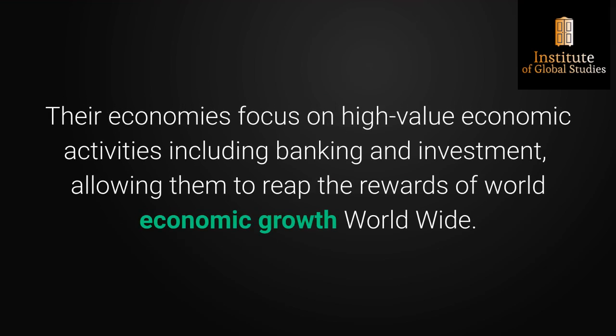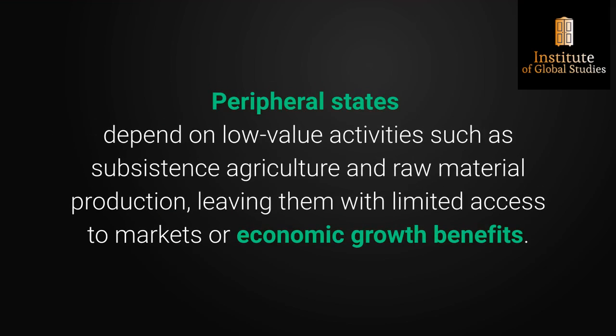Their economies focus on high-value economic activities including banking and investment, allowing them to reap the rewards of world economic growth worldwide. Peripheral states depend on low-value activities such as subsistence agriculture and raw material production, leaving them with limited access to markets or economic growth benefits.